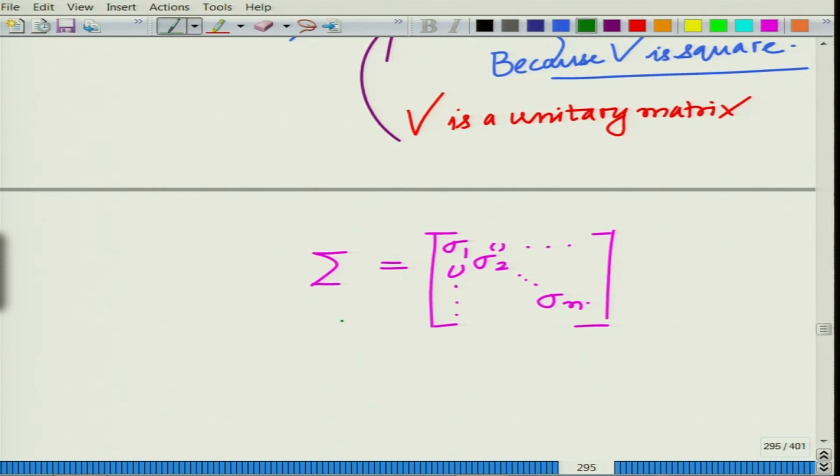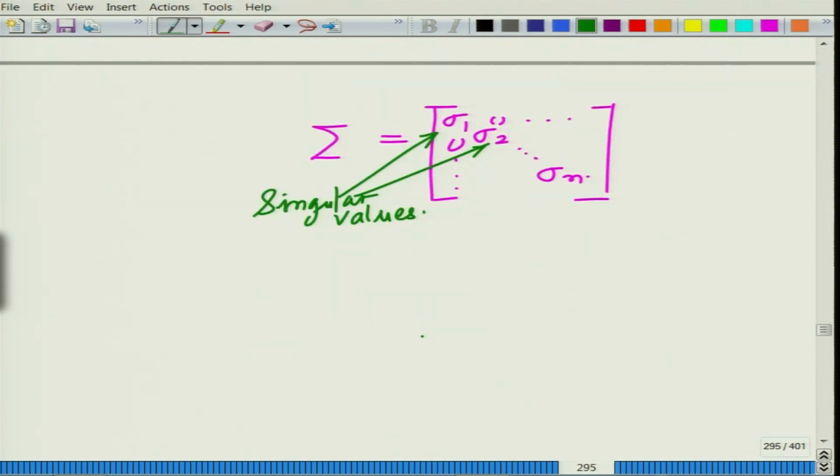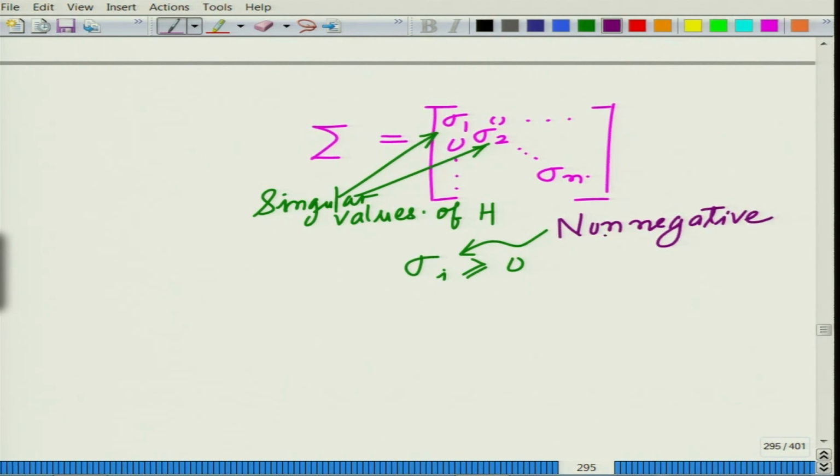These sigma i's are termed the singular values of H, just like the eigenvalues, we have the singular values of H, and these sigma i's are real and greater than or equal to 0. So, sigma i's are non-negative, that is, they can be 0, but they cannot be less than 0.